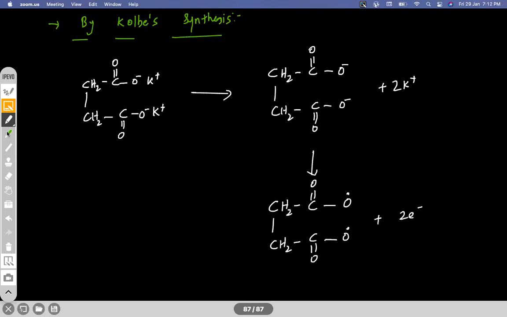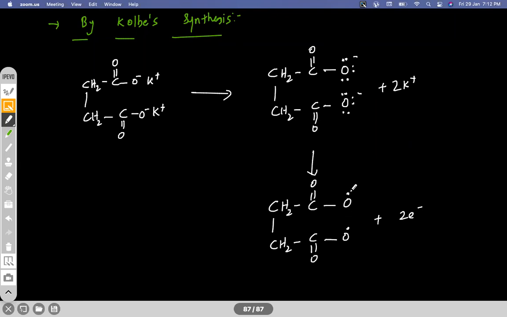You see, O negative charge means what? This negative charge on oxygen means oxygen has 6 electrons here and hence a negative charge, right? So it releases 2 electrons, one from here, one from here.